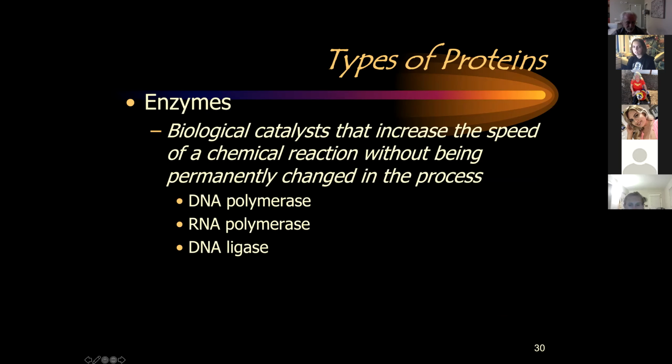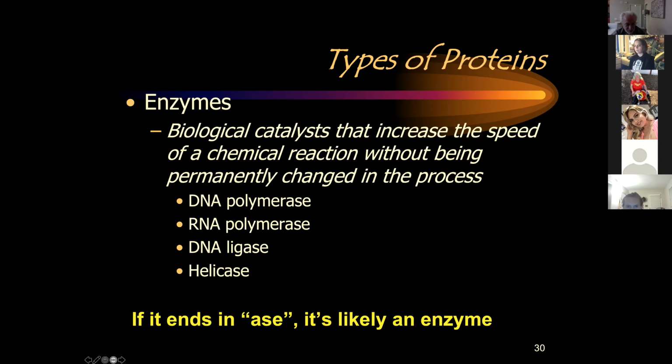And we've just talked, when we talked about DNA and RNA, the enzymes that copy them, like DNA polymerase, RNA polymerase, DNA ligase, helicase, and remember, if it ends in ACE, it's likely an enzyme. Virtually all enzymes and the names end in ACE.